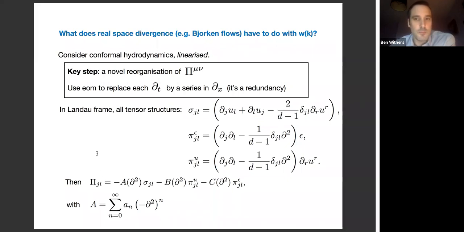So the basic question is, what does the real space divergence that you might see in Bjorken flow have to do with these properties of dispersion relations that I've been discussing?